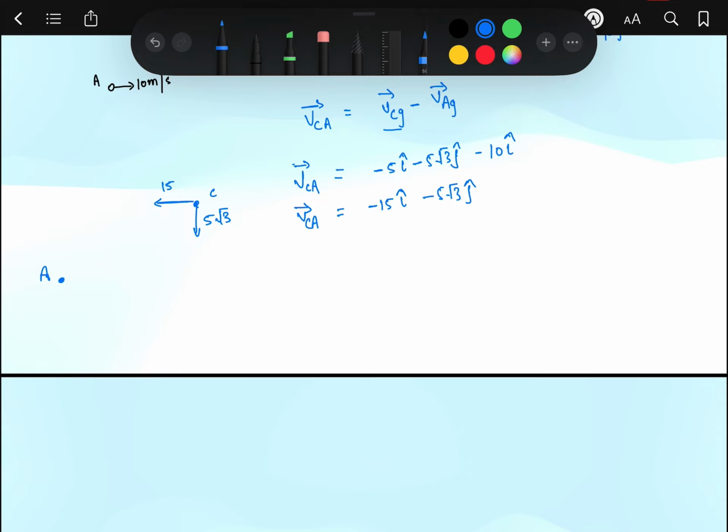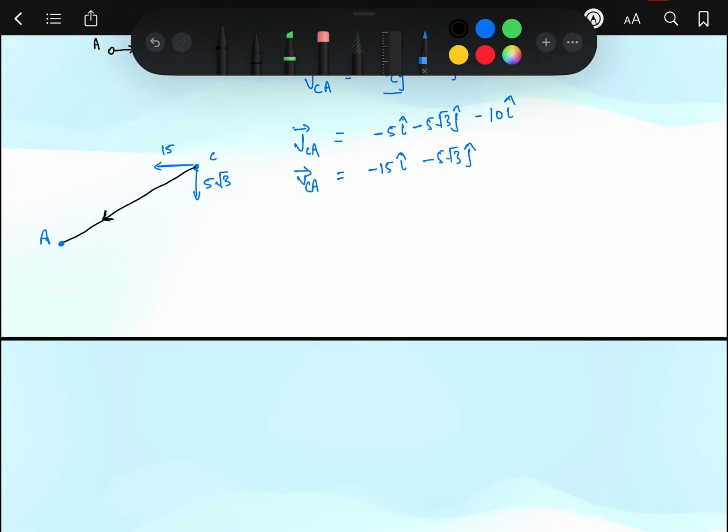Since it is given in the question that these two particles will collide in the vertical plane, if they have to collide, then their relative velocity should always be along the line joining the two particles, along AC, this direction.